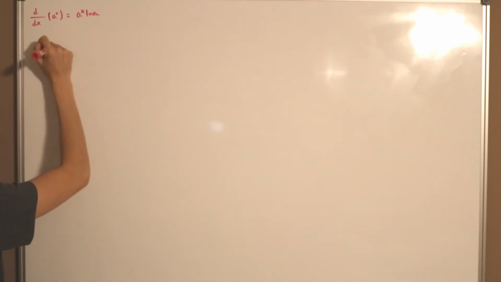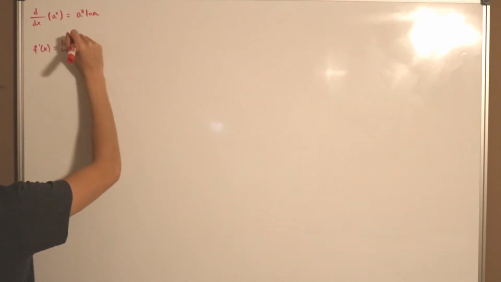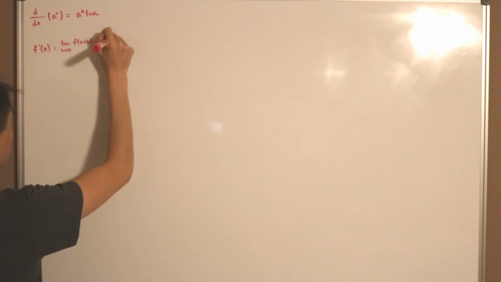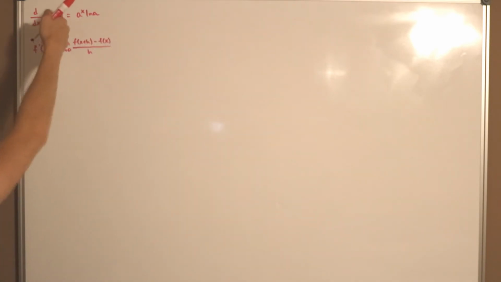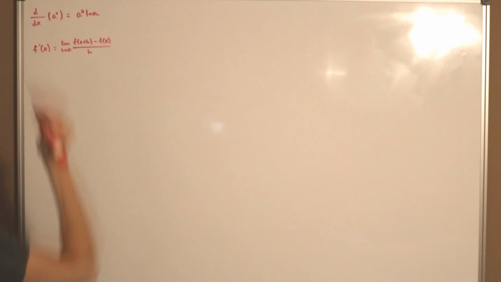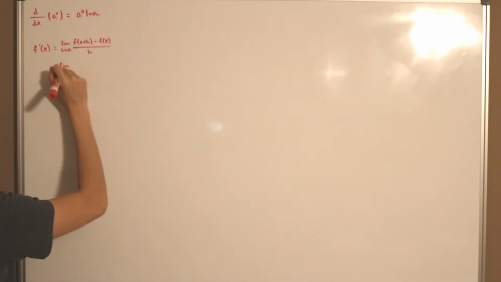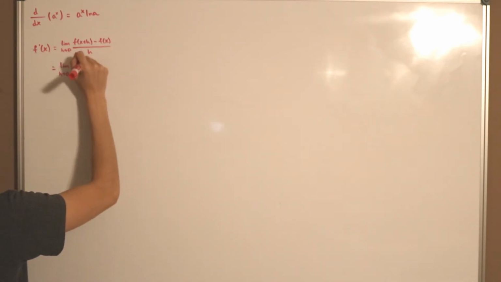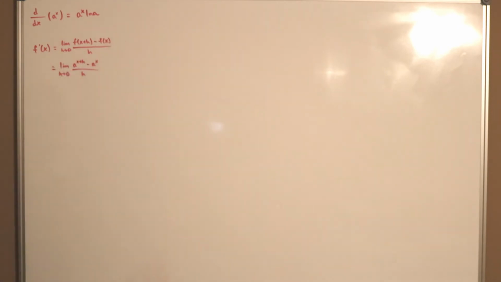Let me rewrite the definition of the derivative of a function: f of x plus h minus f of x divided by h. Now we just plug in x plus h as the input for our function a to the x. So that's the limit as h approaches 0 of a to the x plus h minus a to the x divided by h.